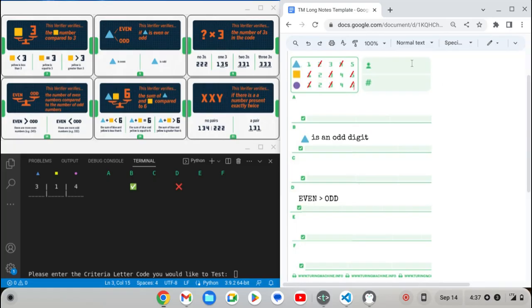And of course, we do have criteria card C, that will let us know whether there's a 3 or not. But I think I'd like to find out if those 2 evens are a pair or not. So let's go ahead and test criteria card F. Okay, so notice that in my proposal, all the digits are unique, are distinct, so that falls into the no pairs category.